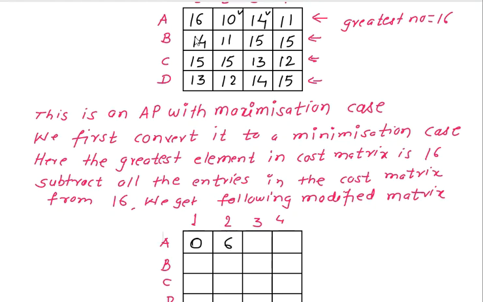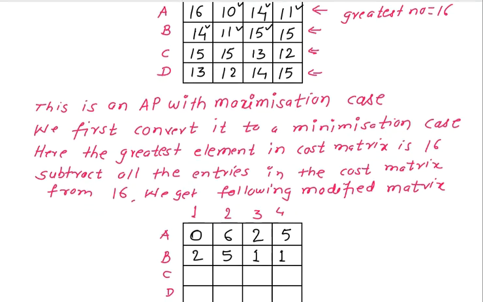Then subtract 14 from 16, we get 2. Subtract 11 from 16, we get 5. Subtract 14 from 16, we get 2. Subtract 11 from 16, we get 5. Subtract 15 from 16, we get 1.